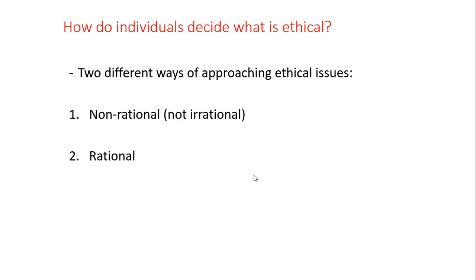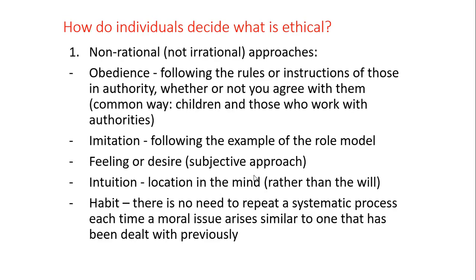So as individuals, how do we decide what is ethical? Well, two different ways. We have the non-rational approach and then the rational approach. So the non-rational approach, for example, includes obedience. That is, you have to follow rules or instructions of those in authority, whether you agree with them or you don't agree with them. So typically, you take children.